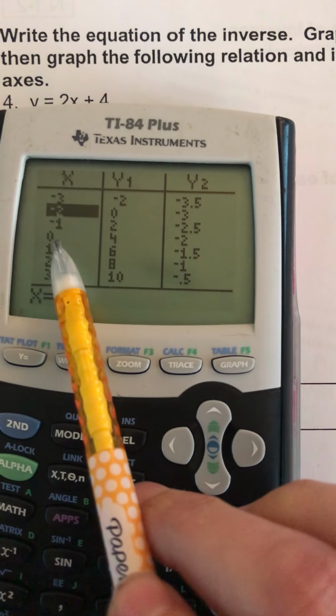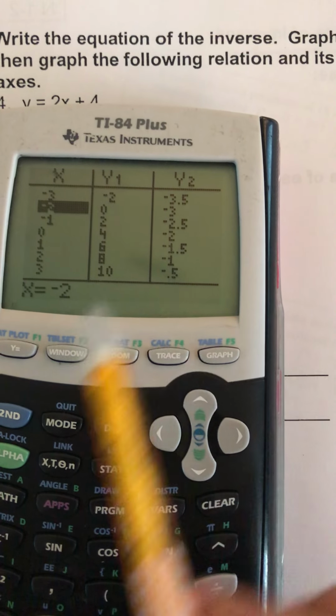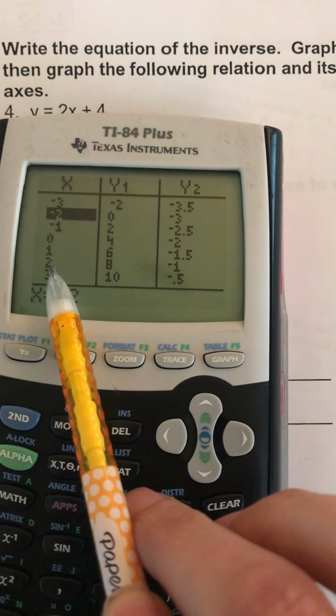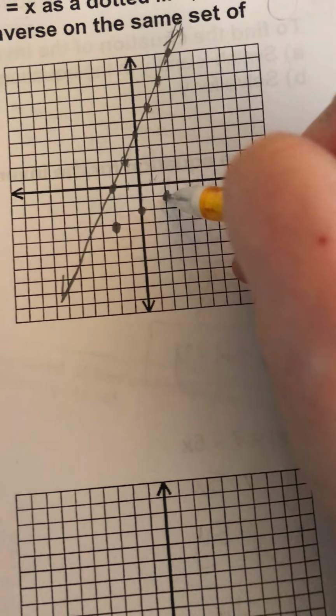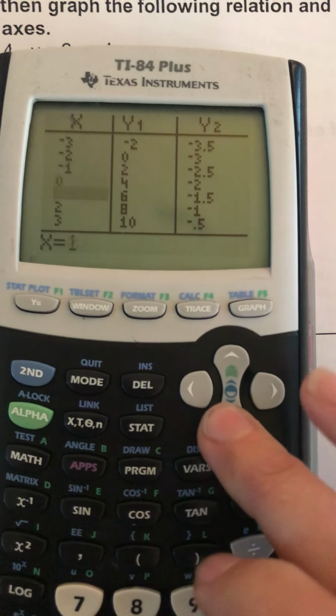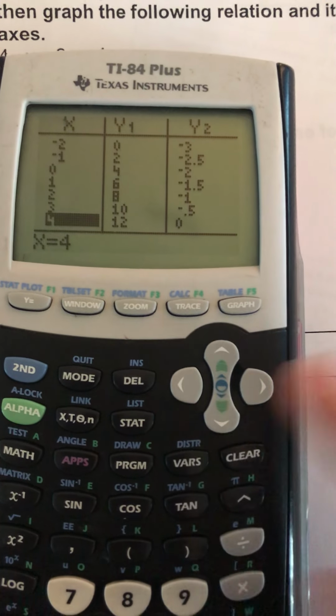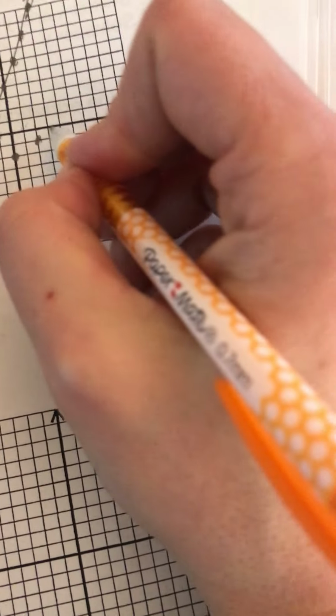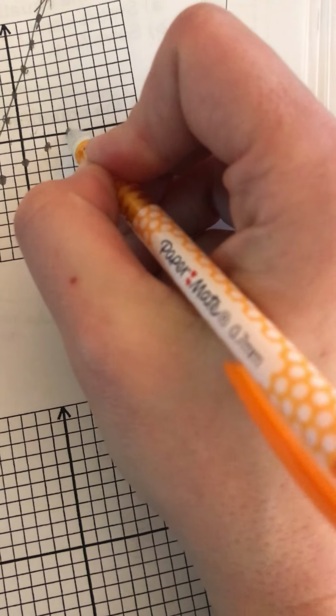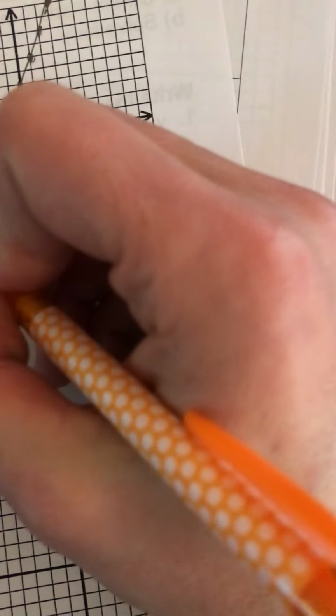I find x is 0 and y2 is negative 2. So now 2 and negative 1. And now 4 and 0. Okay, so I'm going to draw my line.